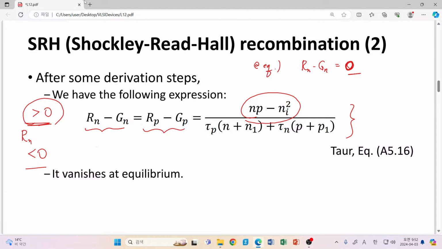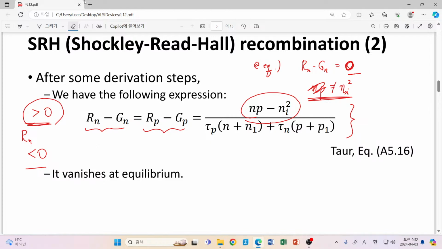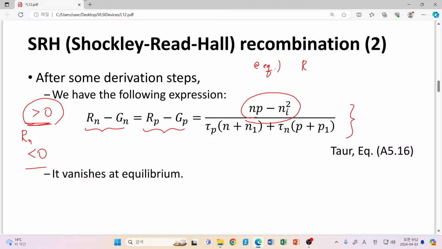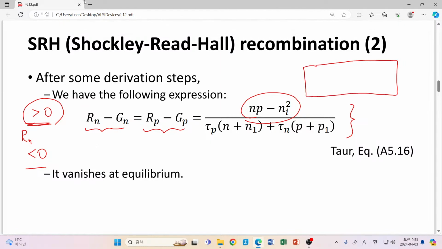In this non-equilibrium case, there is no guarantee that NP equals Ni squared. But please think about this one. Initially, in a certain system, it was at equilibrium.